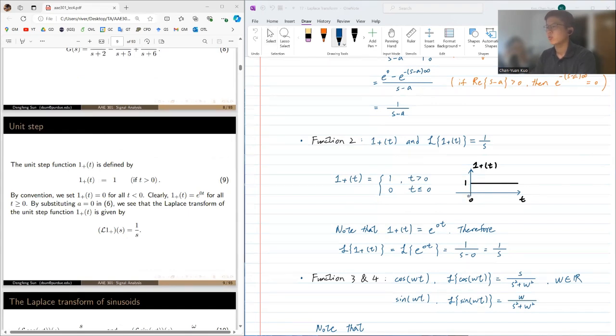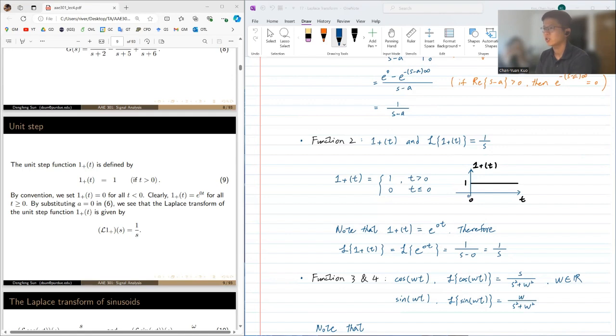Now, the second function that we'll be looking at will be this unit step function, 1 plus t. And the Laplace transform of this unit step function will be 1 over s. So before I dive into the derivation, let's first take a look at what the unit step function looks like.